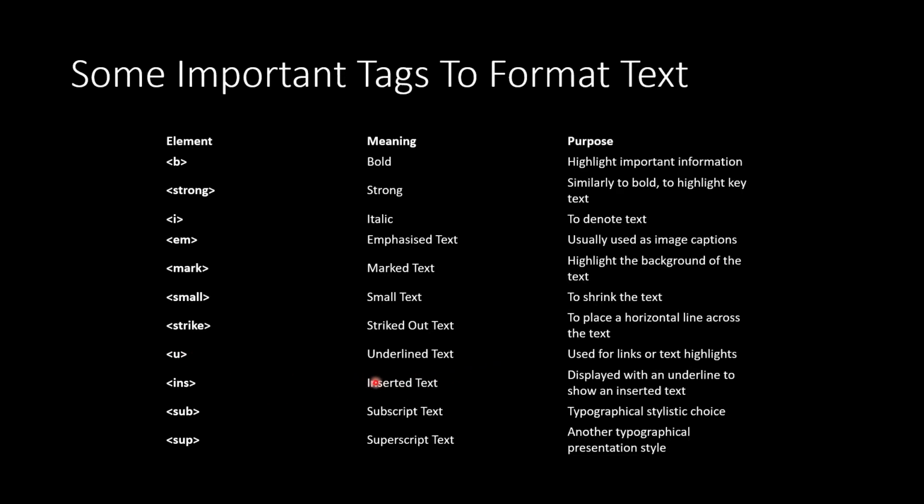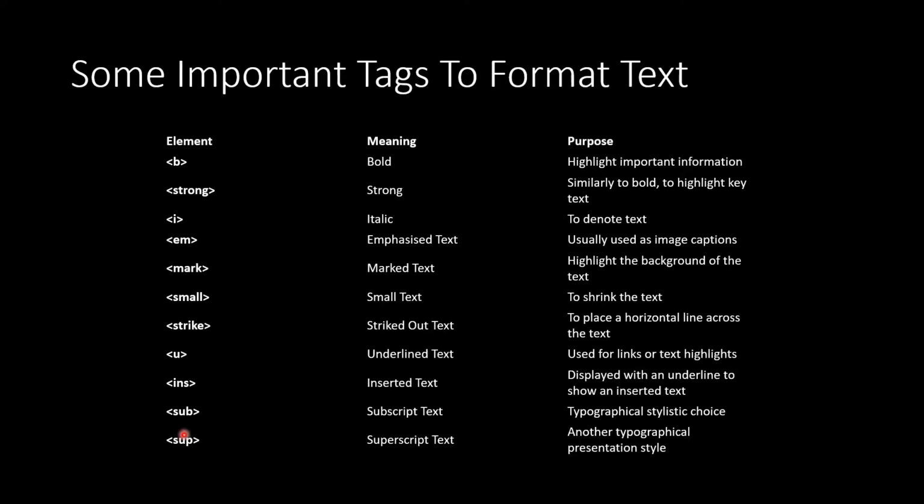Like, if you have published your web page and your content has been published, and after that you want to insert some text, this tag gives the semantic meaning that this text was inserted after the publish of that web page.